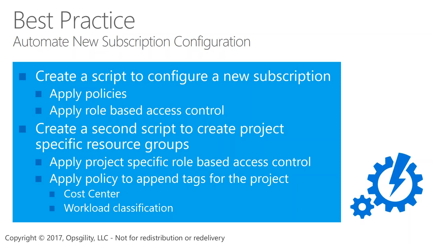And it's also another good idea to use a second script to create department-specific resource groups. Using this script, you can apply a policy that will append tags to resources as they are created. That way, every resource by default within, let's say, a marketing resource group will always have maybe the IO code for the marketing department applied.